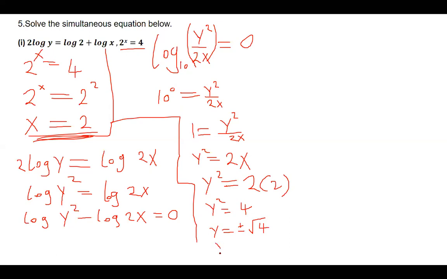So y is equal to plus or minus 2. So this is the solution for this question. y is equal to plus or minus 2 and x is equal to 2.